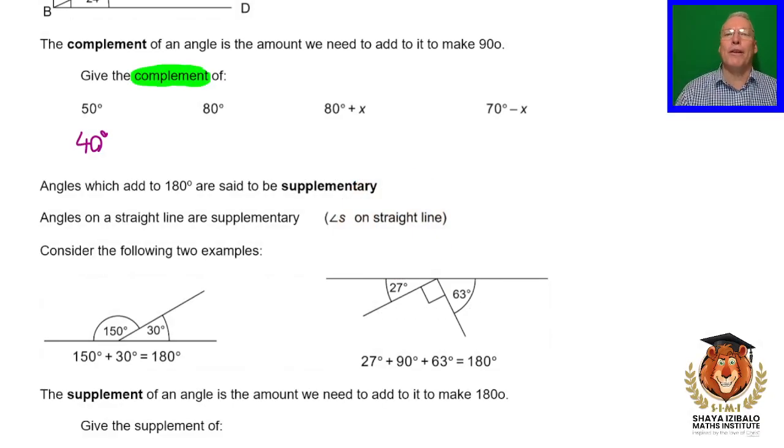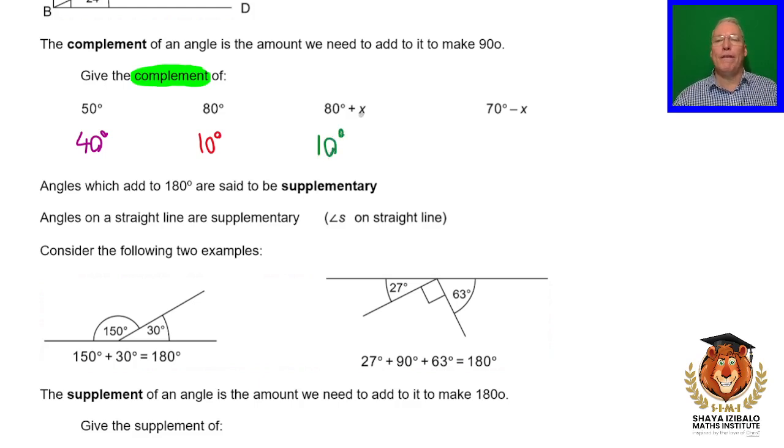Okay, I think the first one's quite straightforward. The complement of 80 means what must we add to 80 to get to 90? And the answer is 10. Now this is less easy. What must we add to 80 plus x to get to 90? Well, we're going to need 10 degrees to get the 90.